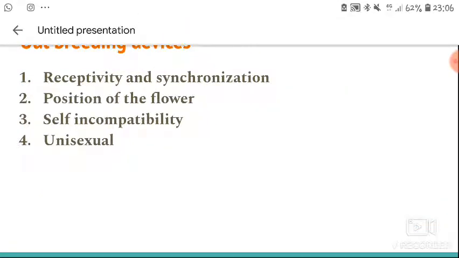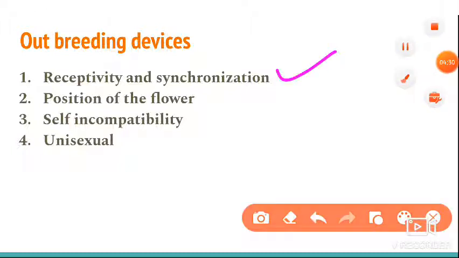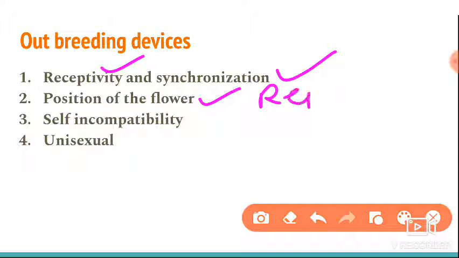Students, four important outbreeding devices are there. One is receptivity or synchronization. You can take either synchronization or receptivity. This is the first one. Second one, the position of the flower or position of the reproductive organs.